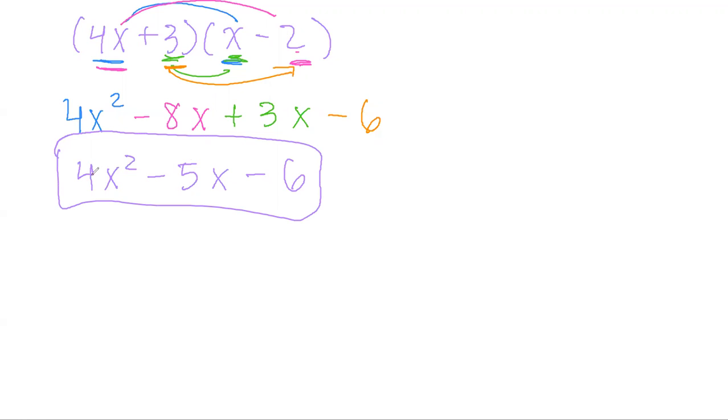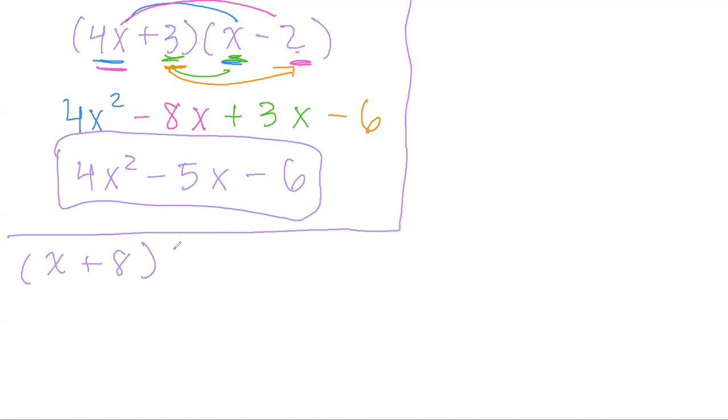Okay, let's do a couple more examples in this form. Or maybe just a few more. Okay, let's try x plus 8 times x plus 5. And again, I'll try to color code here.